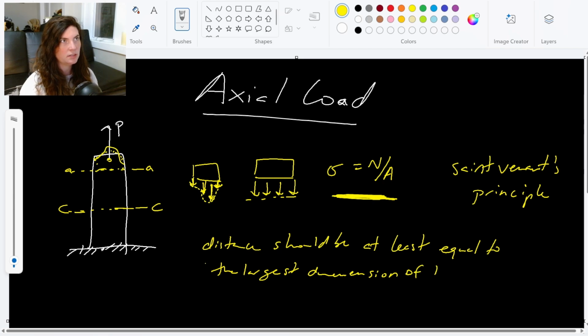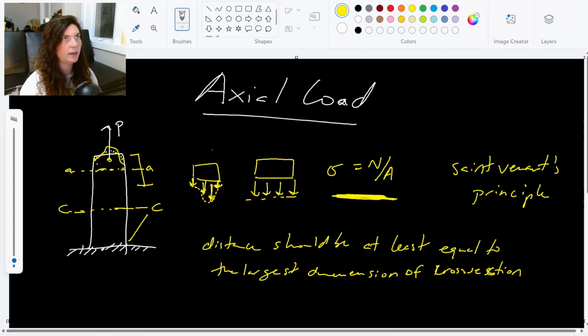Typically your width, so however far back this thing goes, you want that to be the same amount down from the load. Largest dimension of cross section. It's just a good rule of thumb to know that there is some localized distortion at your ends here.